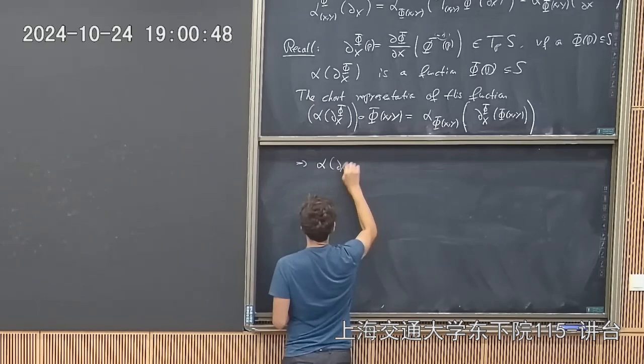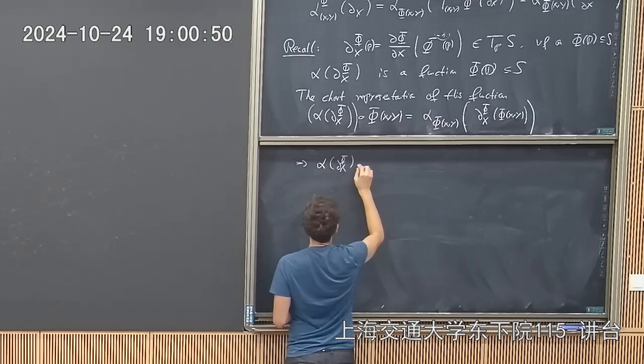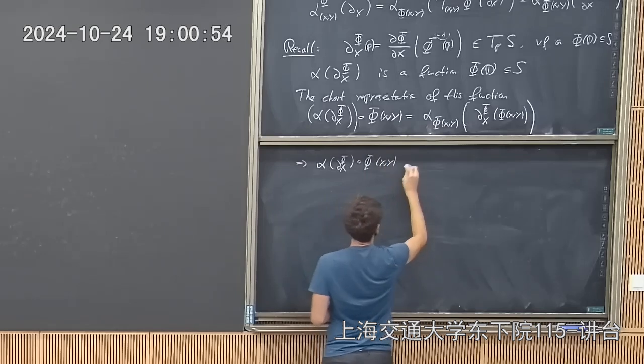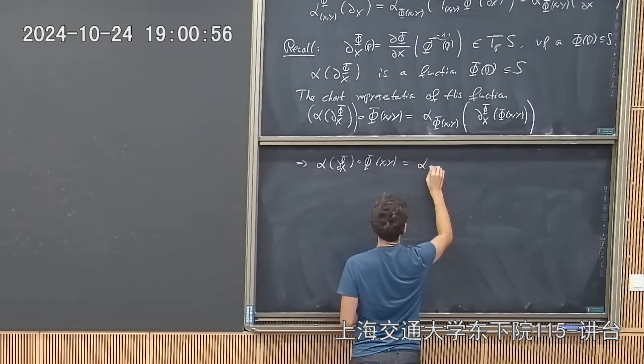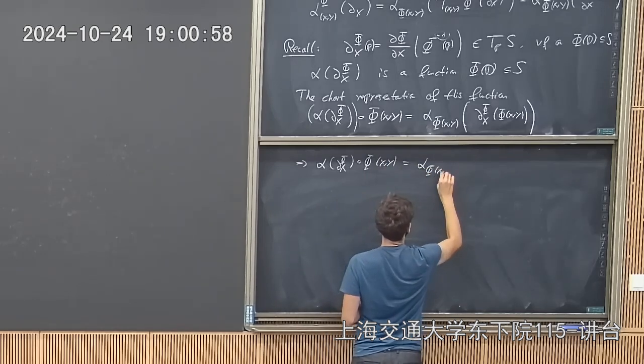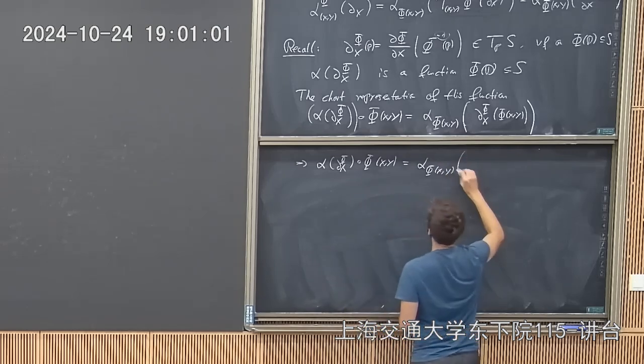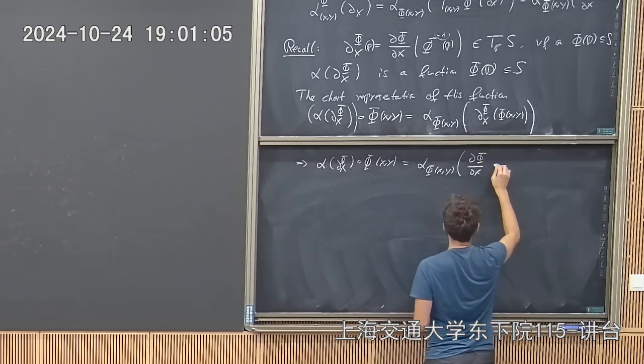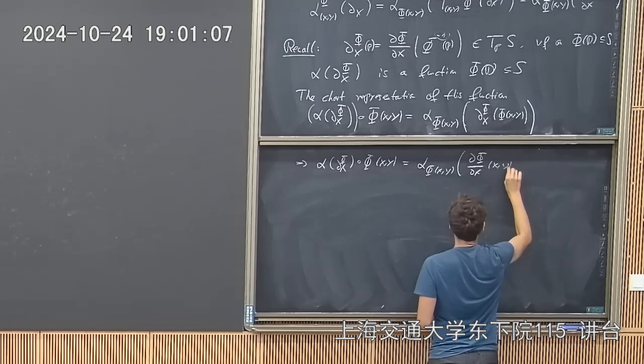So what we get in the end is that alpha, chart representation of this, equals alpha applied to the partial derivative in x at x and y.